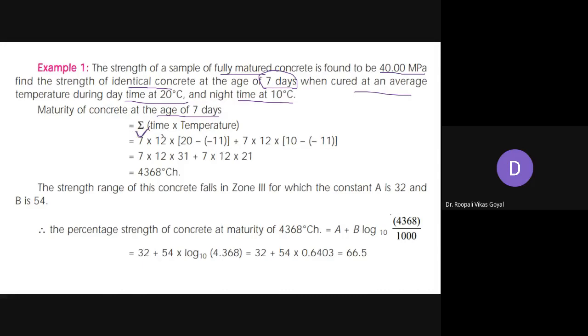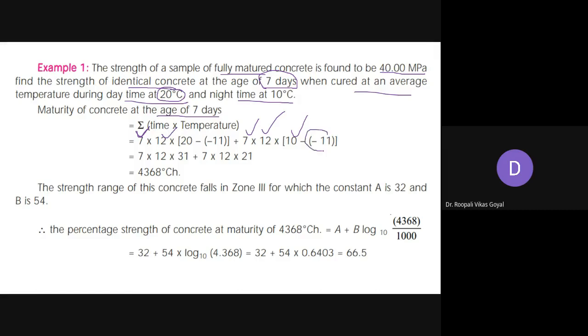Only for 12 hours it is 20 degrees. So 20 minus 11 plus the next duration, that is our night time, where the temperature is 10 degrees. So 7 days multiplied by 12 hours, because for 12 hours it is at 10 degrees and for 12 hours it is at 20 degrees. So 7 into 12 multiplied by 10, that is the night time temperature, minus 11.